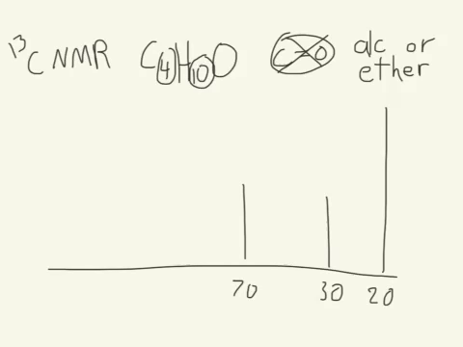Alright, now let's actually look at this spectrum. I'm seeing 3 peaks, 3 signals, and there's 4 carbons in here. So that's telling me that there are 2 equivalent carbons, because just like the proton NMR, there are overlapping signals from equivalent nuclei. And I think the only way to get symmetry in this molecule is with methyls. Methyls are more likely to be equivalent.